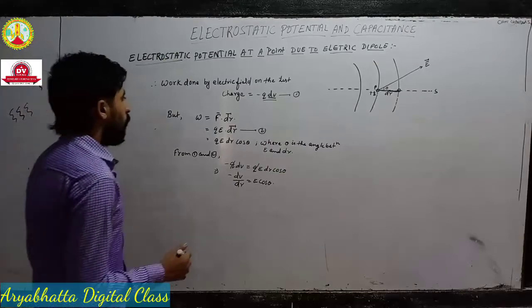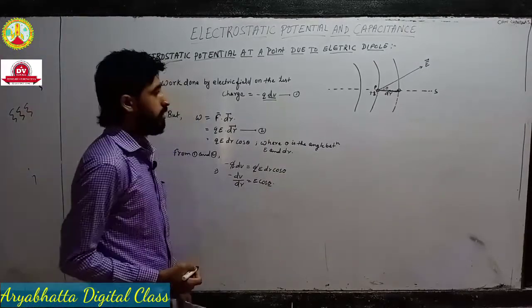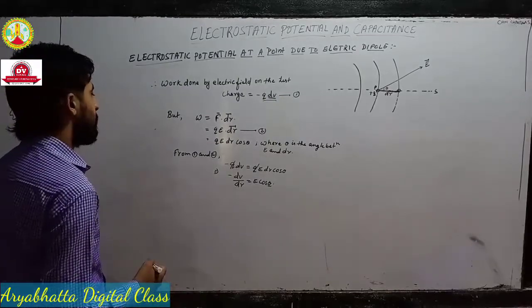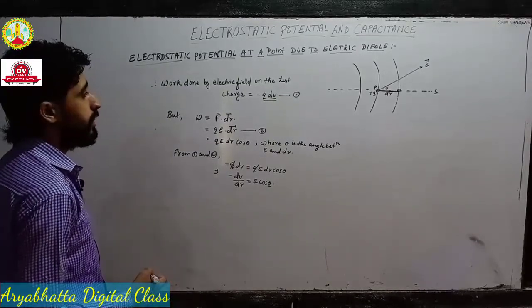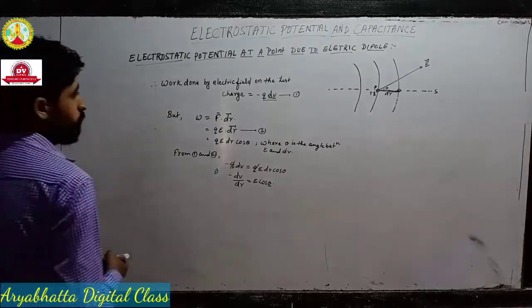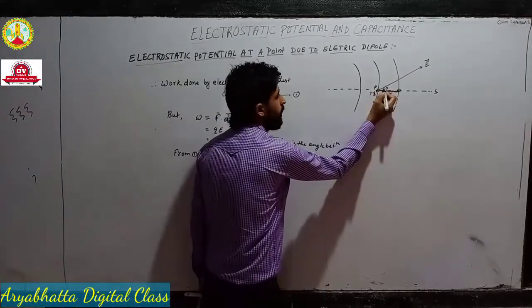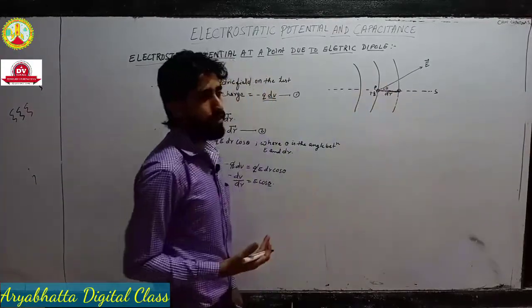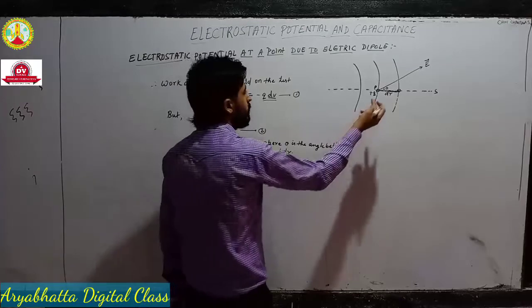Now tell me, what will be the value of theta here? Can you guess? Since this theta is very small. In the diagram you can see it is very large, but in a practical manner, this theta is very small.